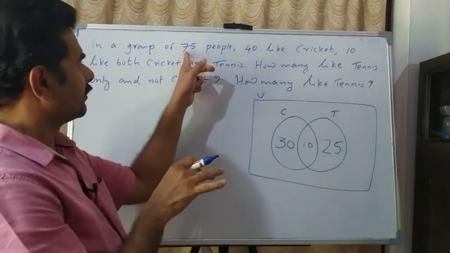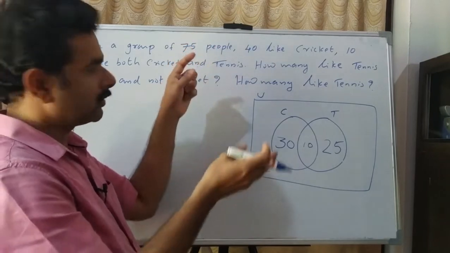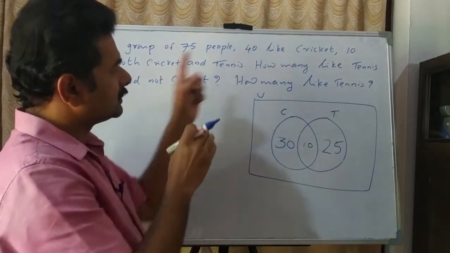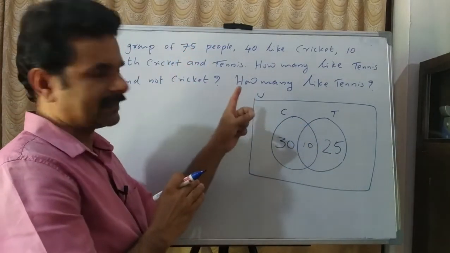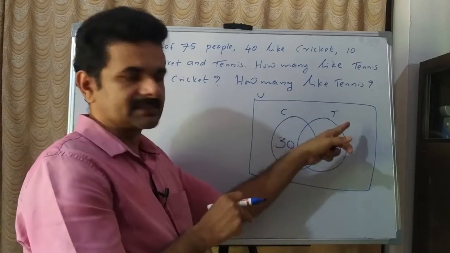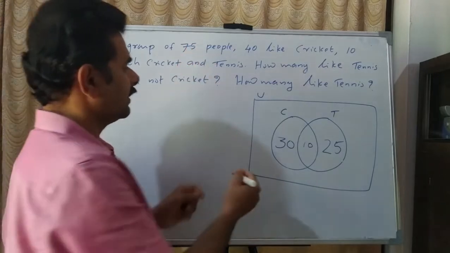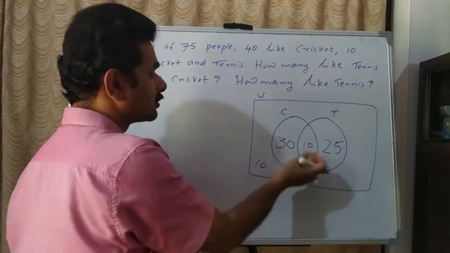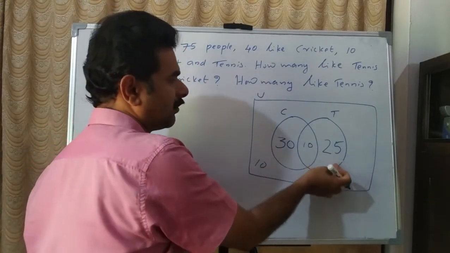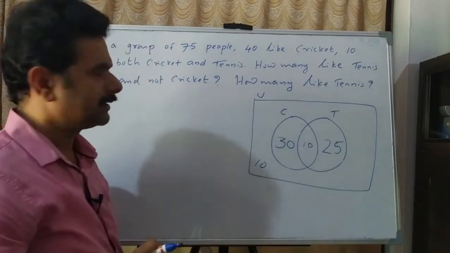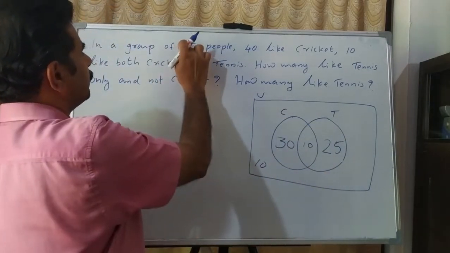If there are 75 people in total, out of 75, 65 people like either cricket or tennis. Then 30 plus 10, 40 plus 25, 65. Here 75, so we have to mark 10 outside of C or T, C and T. Clear? But here only 65.